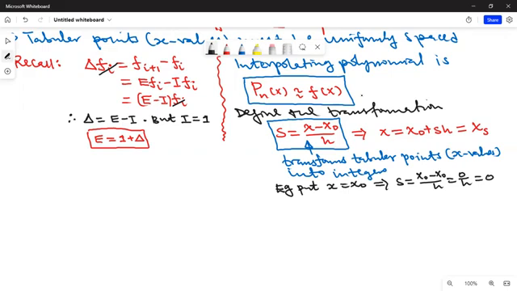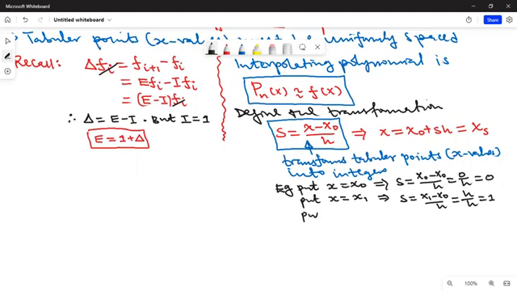What if I put x equals x1? Then s equals x1 minus x naught over h, and x1 minus x naught is the same as h, so that's h over h, which is 1. Again, that is another integer.